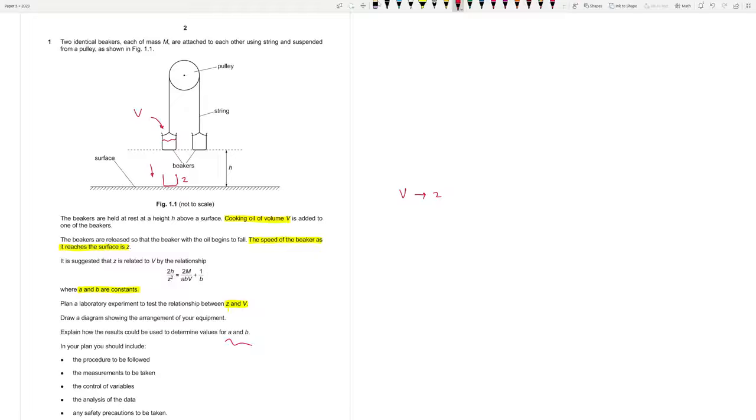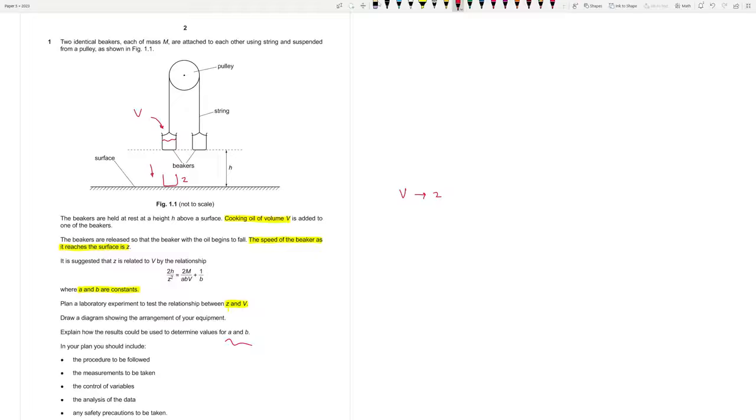That's that. And you have measuring cylinder to measure V, meter rule to measure H, light gate to measure the time of the fall for that short distance that I marked with the green arrow, and the top pan balance to measure M, okay? So let's talk about additional details now.